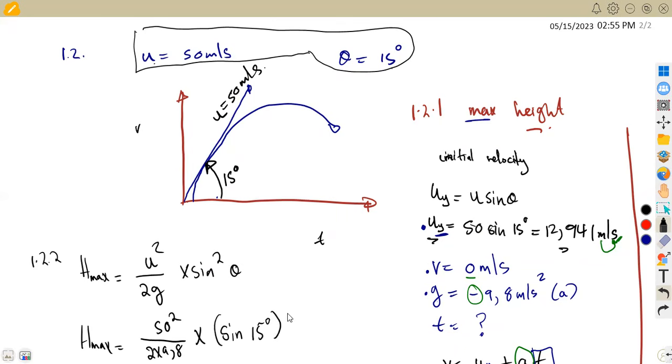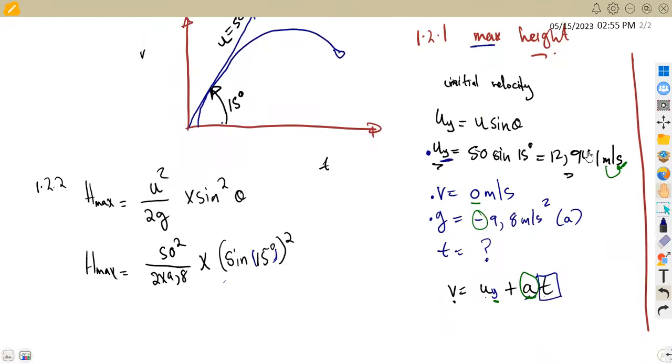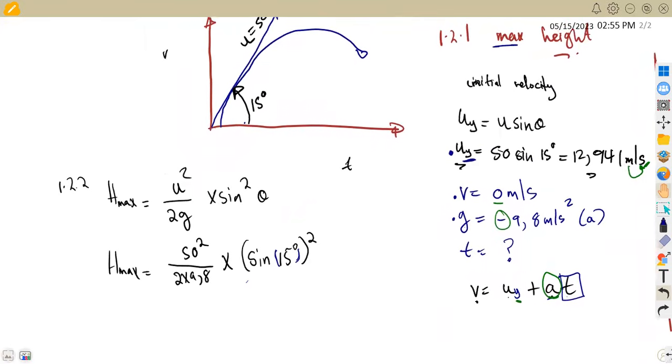Then you square everything. That's sine squared theta. You write sine 15 as it is, then you square the whole bracket. So on your calculator, this 15 is going to be in a bracket, and you square the sine, so you open the bracket before you write the sine. That's how you can present it on your calculator.